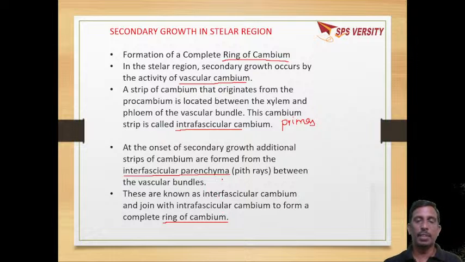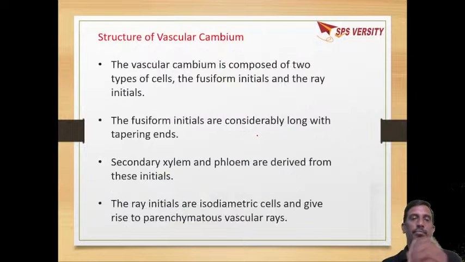So interfascicular cambium is completely secondary. It is formed only during secondary growth. Intrafascicular is completely primary. It is present from the starting of life, that is in the primary stem itself. So vascular cambium is partially primary and partially secondary.